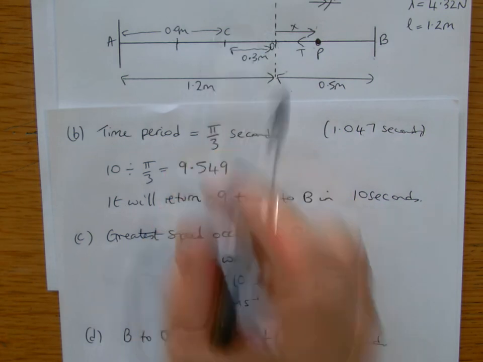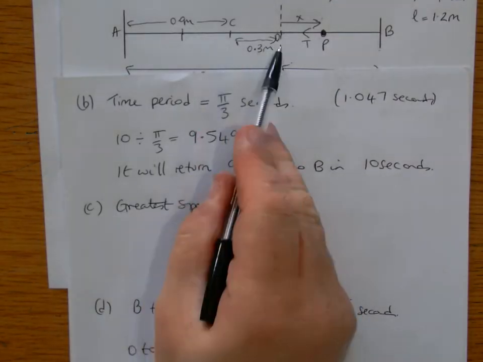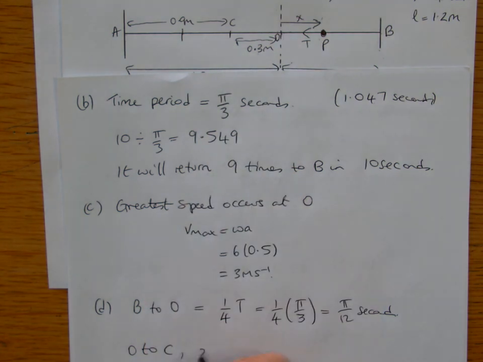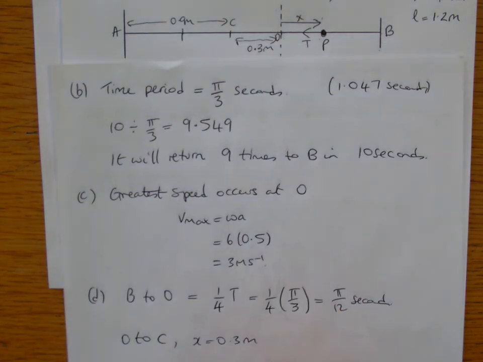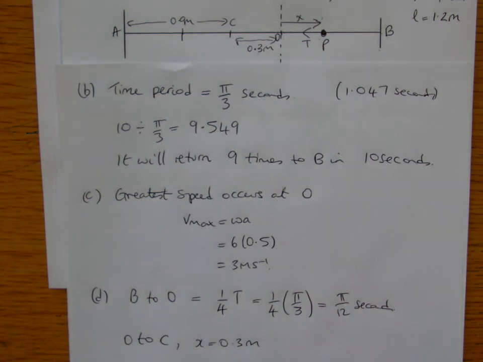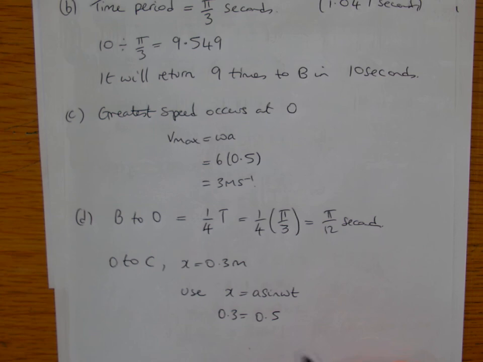So O to C, well, if you think about it, it's that displacement there of 0.3 meters, so x will equal 0.3 meters. And because it goes from O, if you use x equals A sine omega t, well, we know x is 0.3, we know A is 0.5, because we worked all this stuff out before. We know omega is 6.